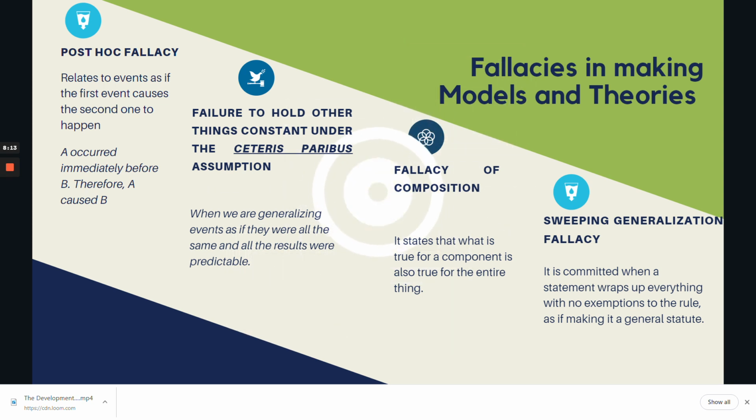You are actually committing this fallacy. Ceteris paribus actually came from a Latin phrase which means all things being equal or held constant. This is one of the frequent assumptions in economics that we always make: all things are constant.